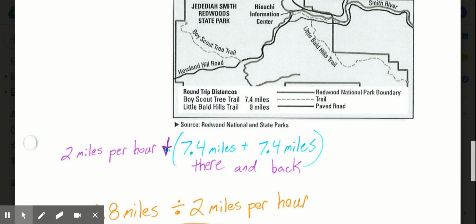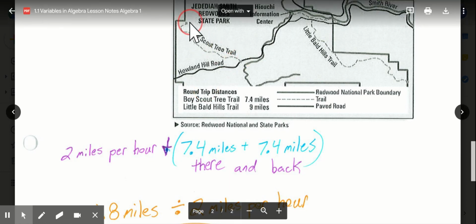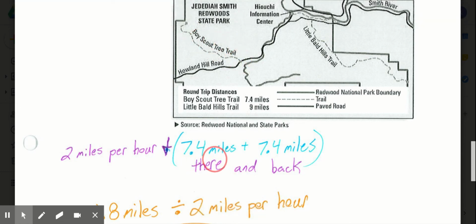So I'm going to change that to say that the distance of the trail, so just the distance from start to finish, is 7.4 miles. So we're saying it's 7.4 miles long, the trail. So it would be 7.4 miles there and 7.4 miles back.